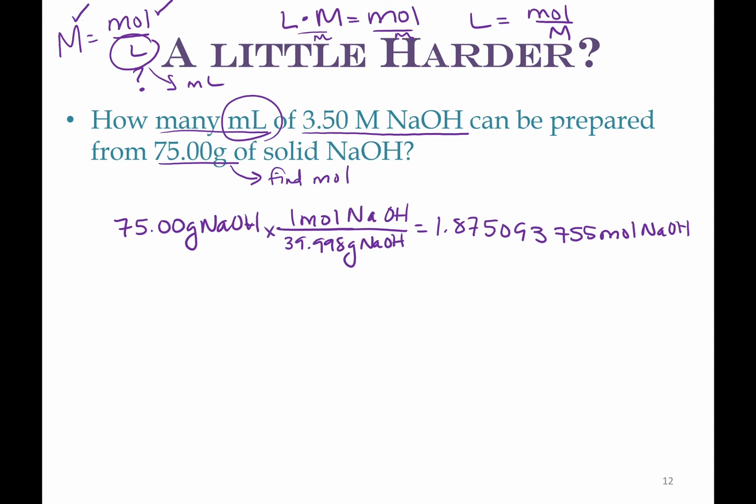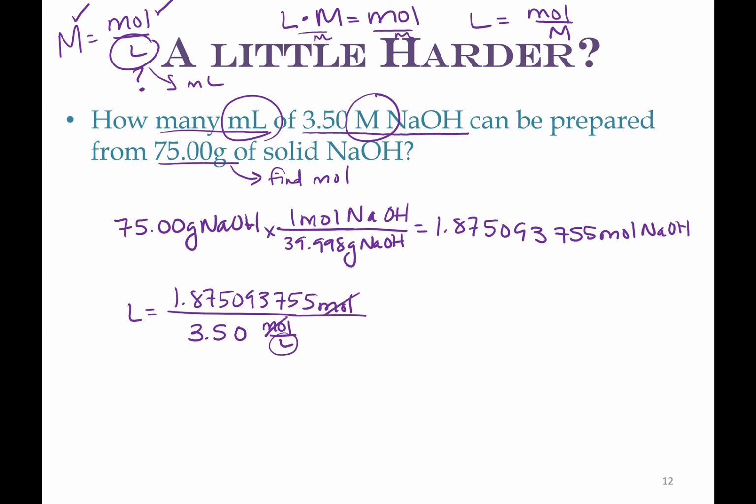So moles divided by molarity, so we get liters is equal to 1.875093755 moles divided by the molarity, which is 3.50. Now remember, it says molar. I'm going to say moles over liters because it's the same thing. Just to show you how the moles cancel, the liters are in the denominator, so they're actually in the numerator.